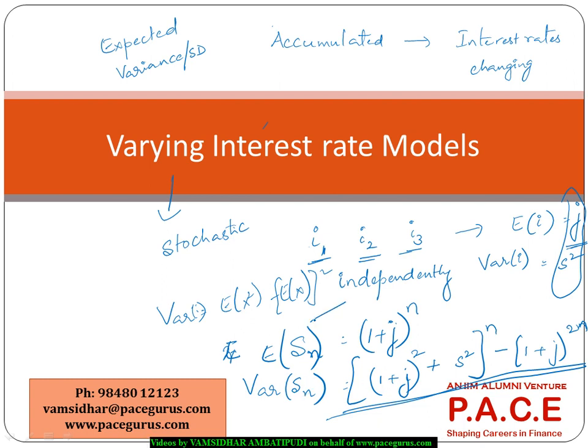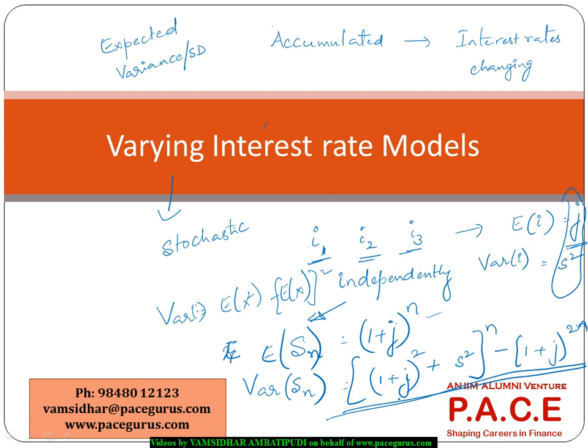So probably the expected value is this much. Variance is coming out as ((1 plus j) squared plus s squared) to the power n minus (1 plus j) to the power 2n. So simple logic, right?